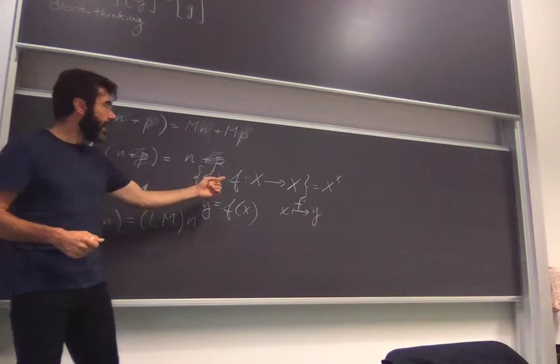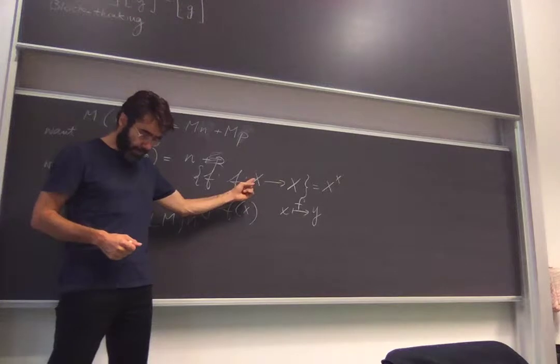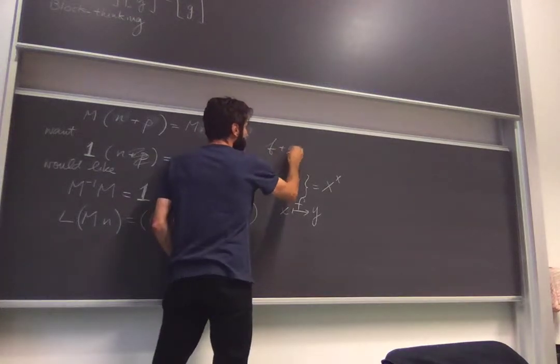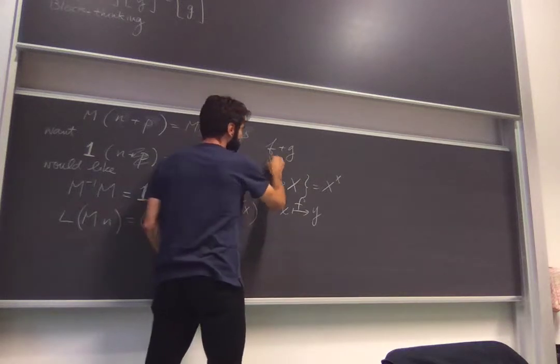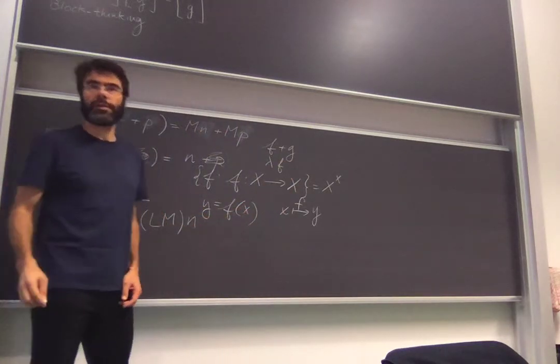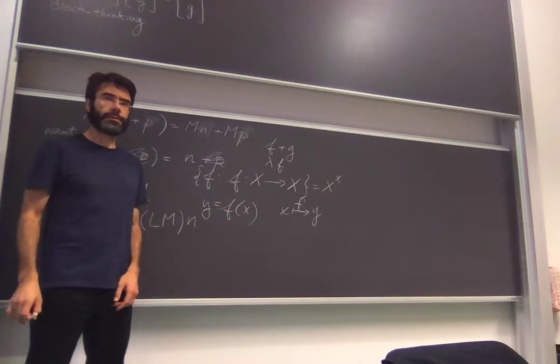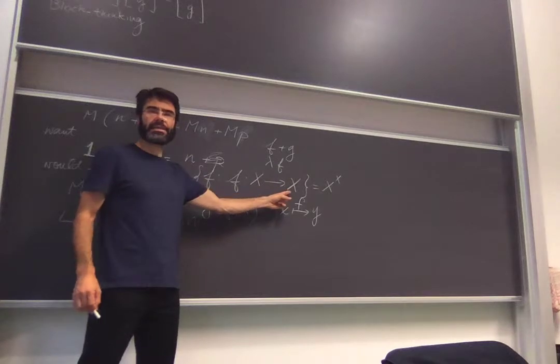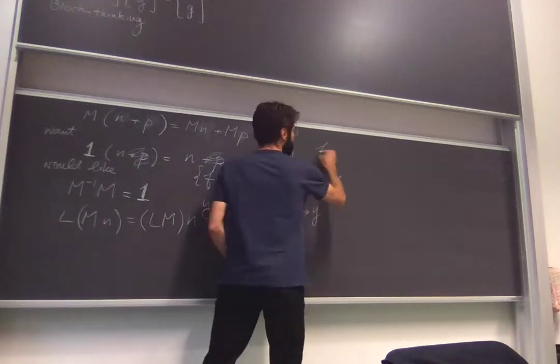And also, you can add functions and you can scale them for some field of scalars, which is usually the real numbers or the complex numbers. Why can you do that? Because as soon as X is a vector space, it allows you to do this.